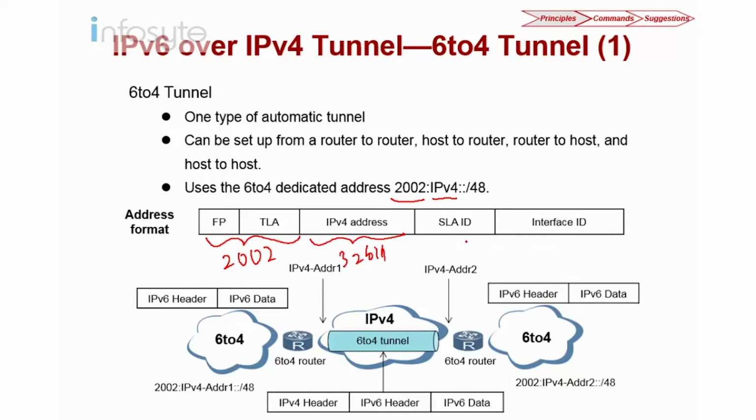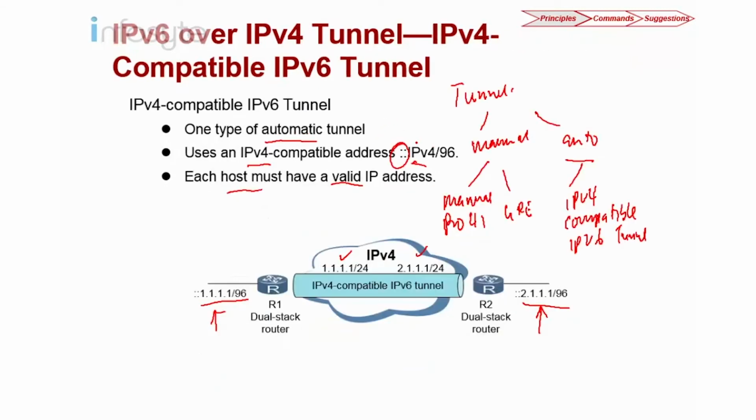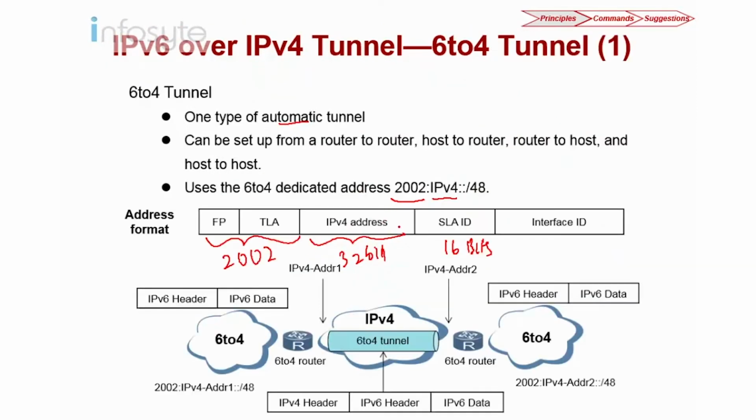Now the SLA stands for site level address. So here we have 16-bit. Now what you can see from here on this automatic tunnel is that rather than using all 0s as in the 96-bit of 0s, which is ::96, here we have a more structured address: 2002: IPv4, which is your existing IPv4 address, followed by your SLA or site local address.